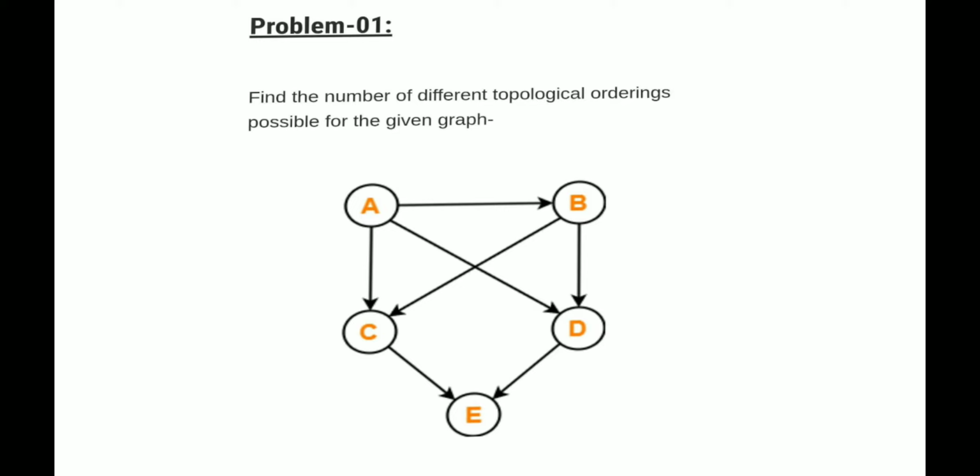So it is a directed acyclic graph. How many vertices are there in this graph? There are 5 vertices, A, B, C, D, E, and there are many directed edges.